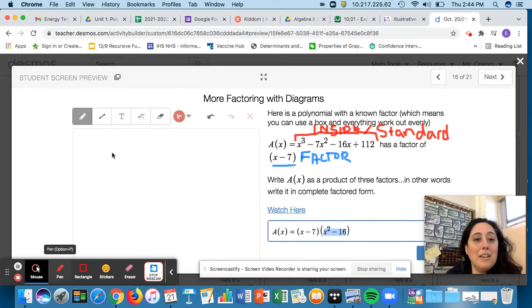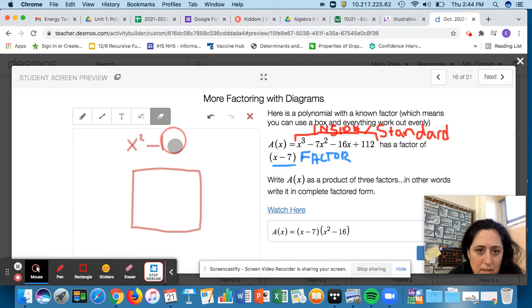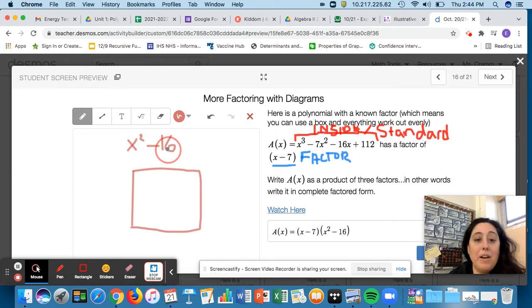So for that reason, when I make this box, I'm basically saying my new product, right? What I'm really trying to factor is x squared minus 16. Okay, so this is what I'm trying to factor.